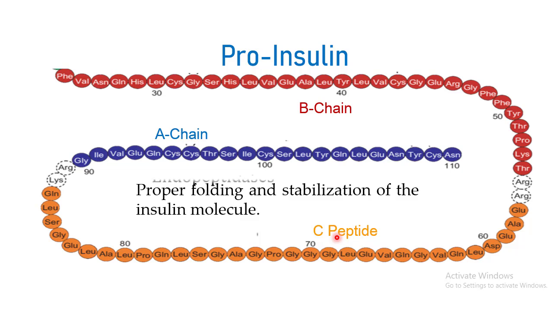This function is performed by an endopeptidase, which removes the C peptide, so only the B and the A chain are going to be there, properly folded and properly stabilized to give you the mature insulin.